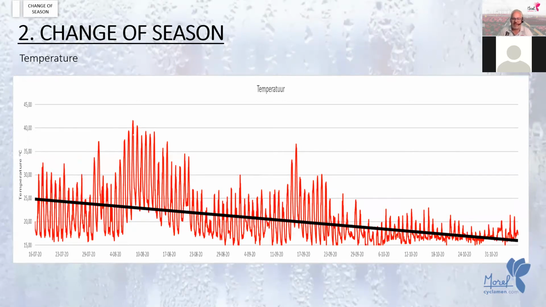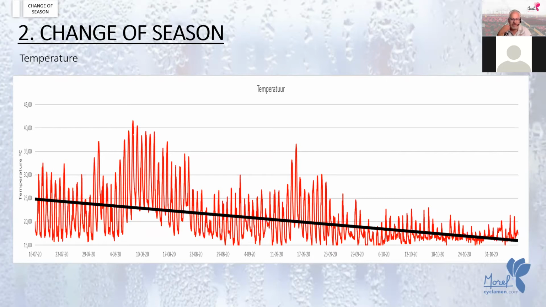Funny to see is that although in the second half of August we had quite high light levels and we used the mobile screens quite a little bit more, you can see that the temperature in that stage, the red line there, spikes a bit higher, and probably that is because when you use the screens you lock up a little bit of heat in the greenhouse.